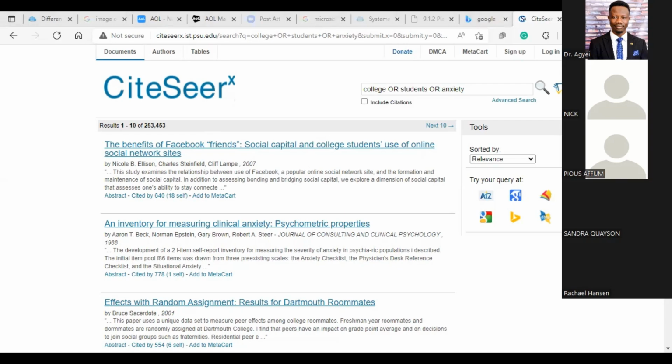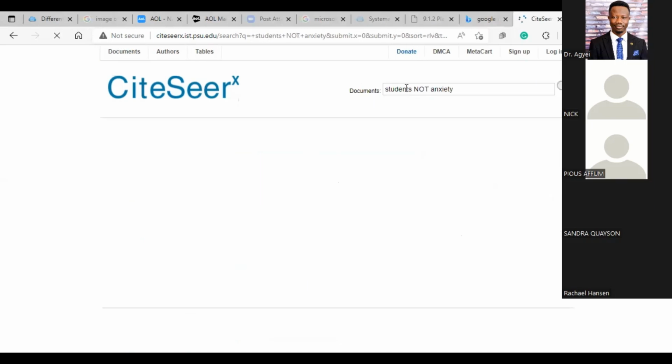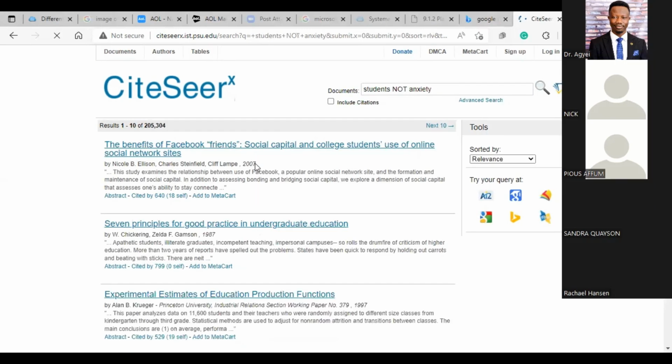So let's see that maybe here we want only students, not those with anxiety. So students, not anxiety. Okay, you see the way it has come, 205,000 data over there. So you see the database contains a lot of information.